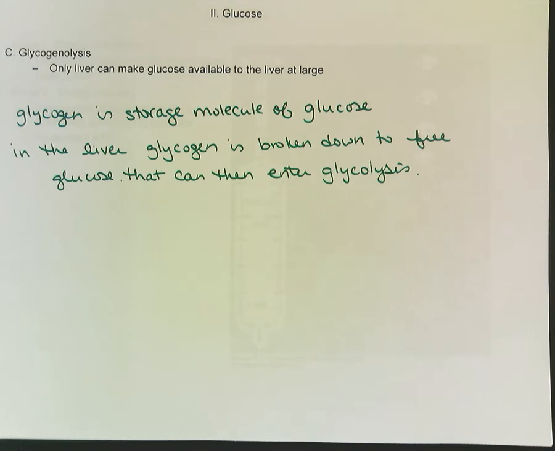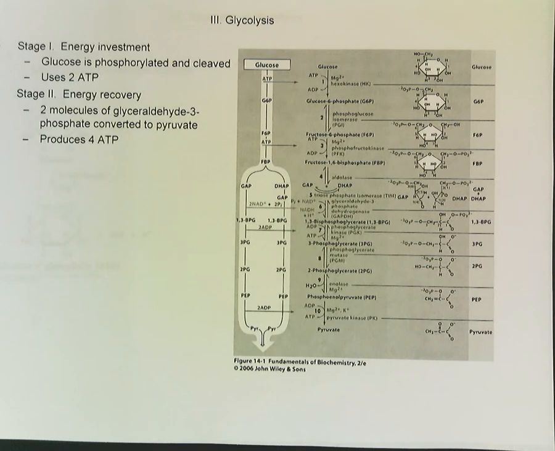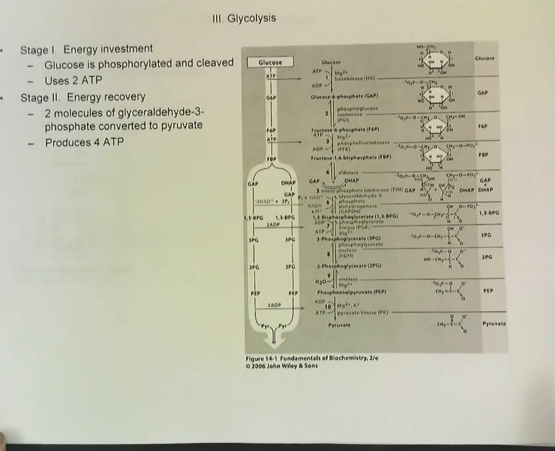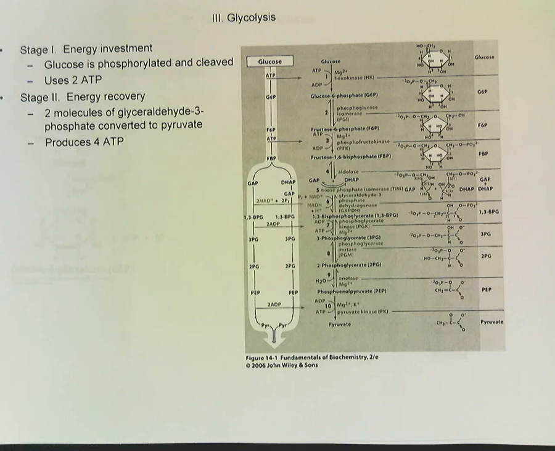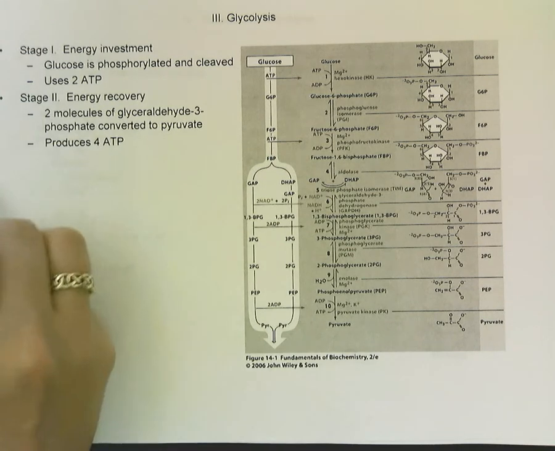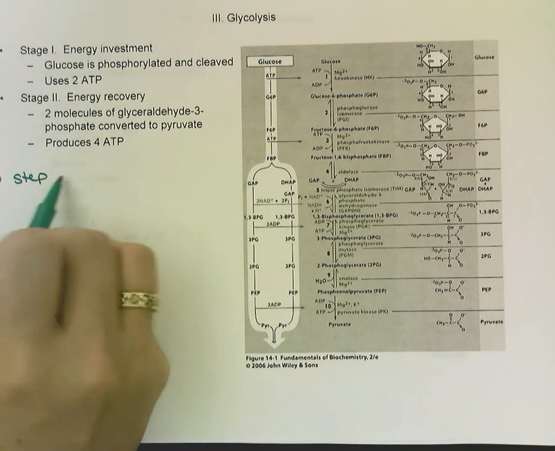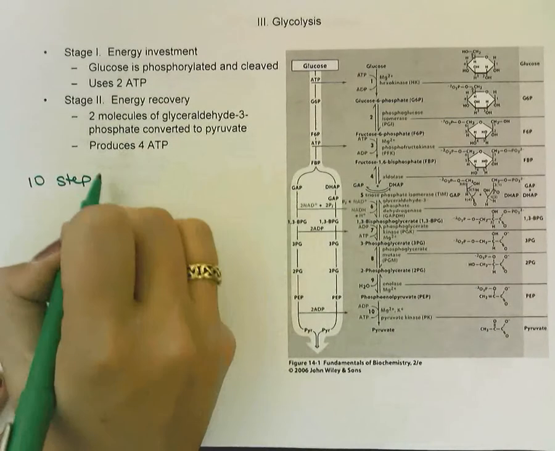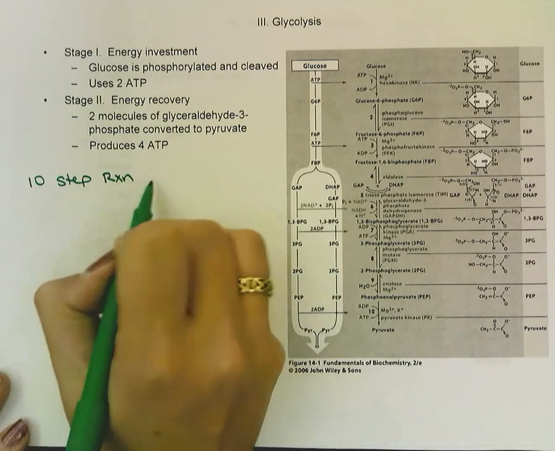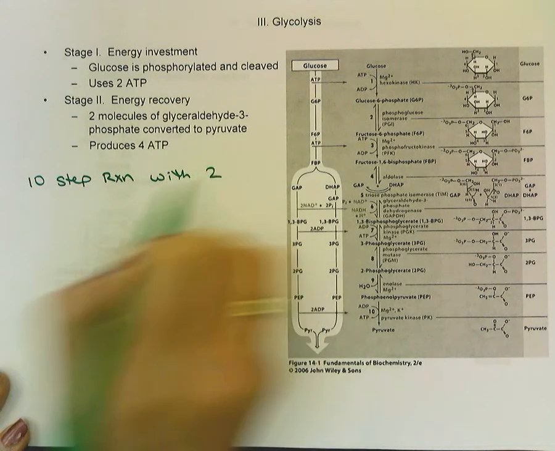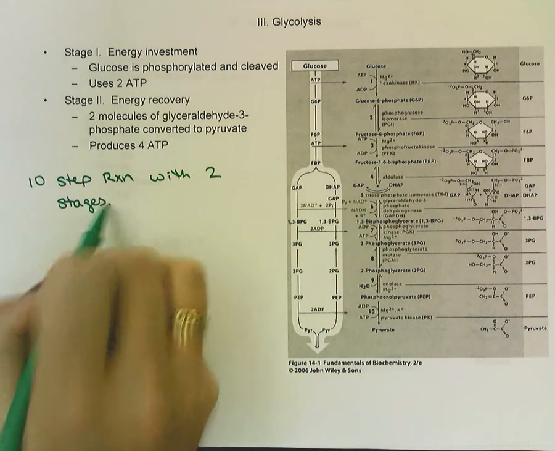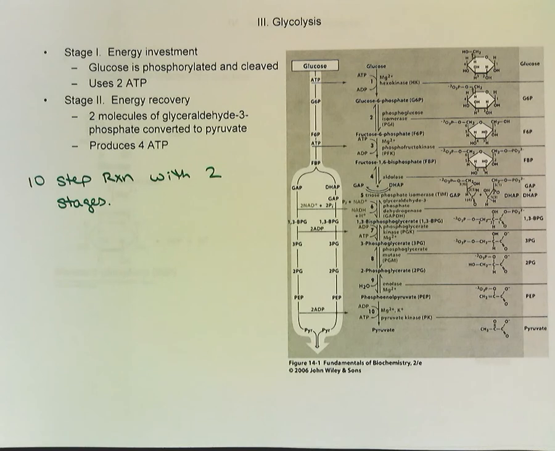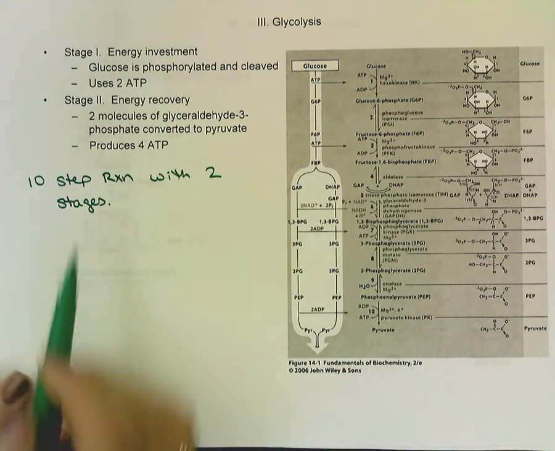So glycolysis is a 10-step reaction with 2 stages. The first stage is an energy investment stage.